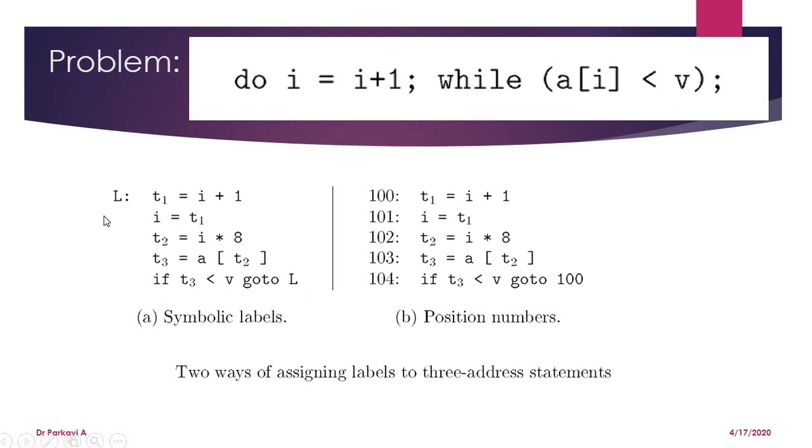So we need to repeat the condition. This is a do while loop, so we need to repeat it. If the condition is true, go back to the incrementation of the i value. The label is written there. It's a conditional jump statement. Now whatever 3-address code is generated here, line numbers can be assigned like 100, 101, 102, 103, 104.